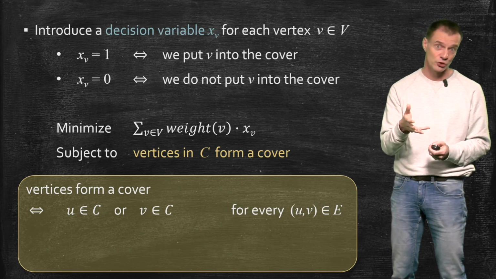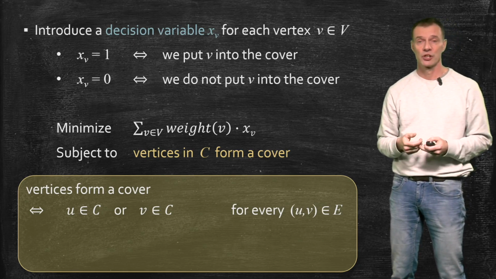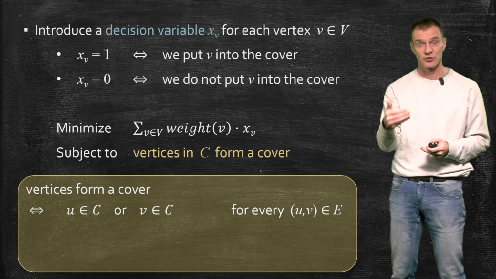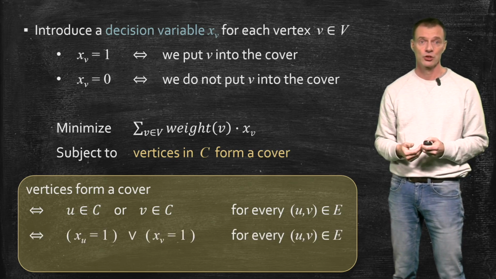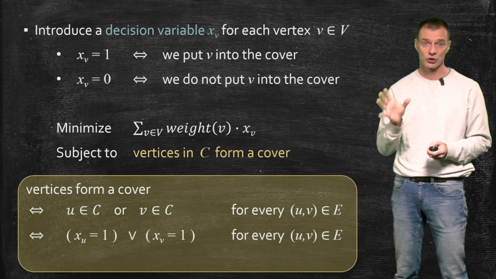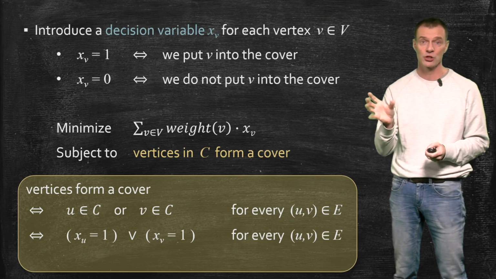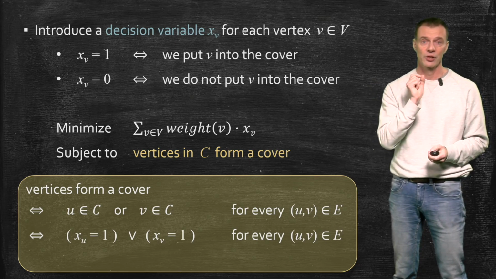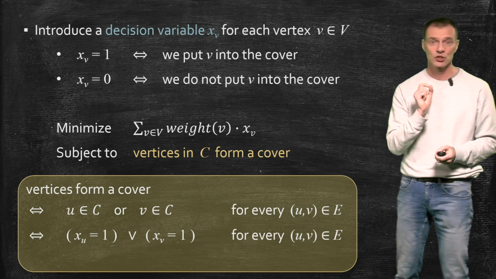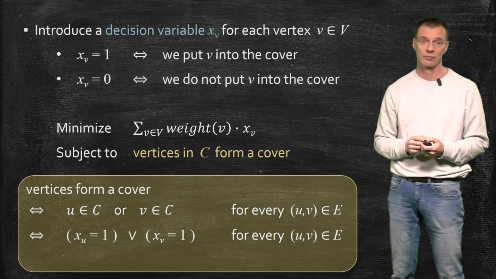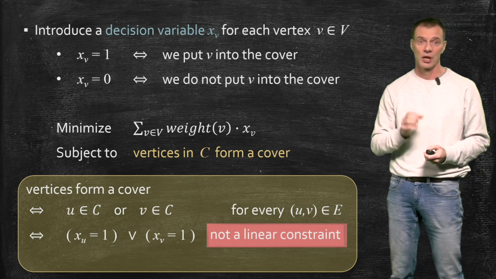Okay, well, we just saw that putting a vertex in the cover corresponds to setting its variable to 1. So we can rewrite this as the constraint is that for every edge uv, either xv is 1 or xu is 1.